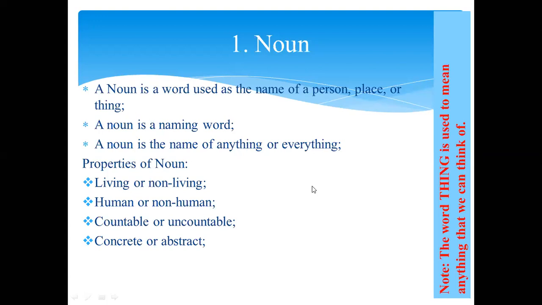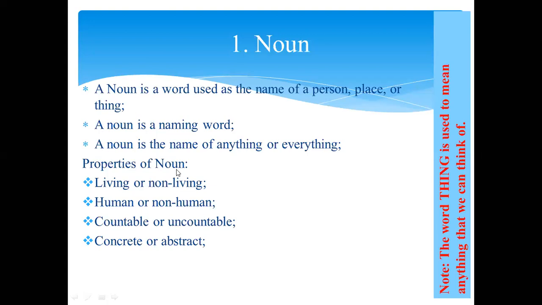Anything that you can think of as an object, as a sort of thing, that is a noun. And everything that you can even imagine, that means above the physical structure of that body, above the physical existence of that particular thing, comes in the category of anything or everything. That's why we say a noun is the name of anything or everything.